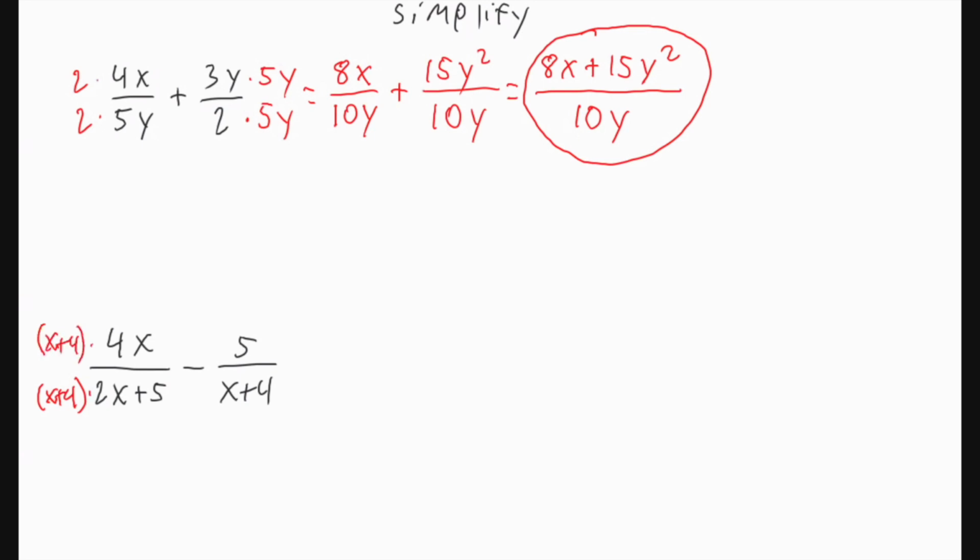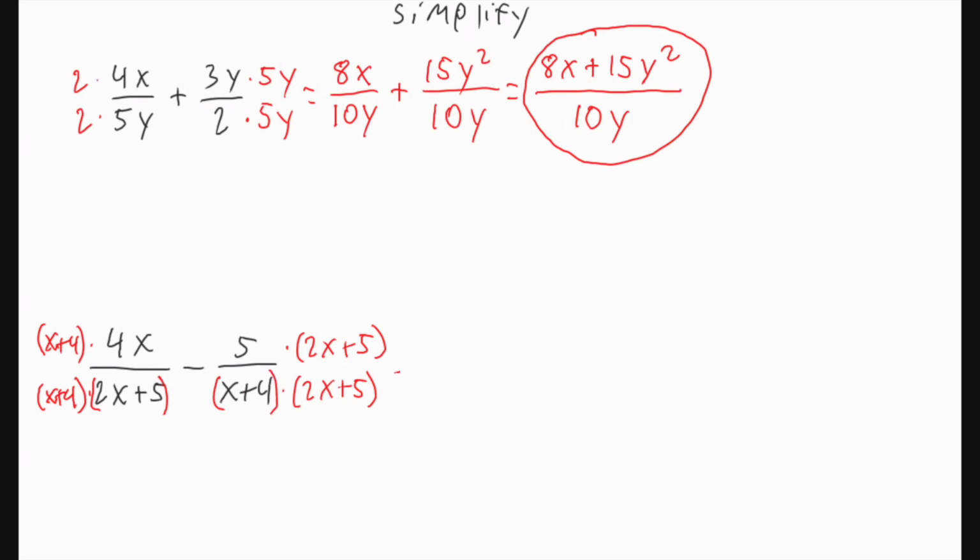And make sure you're multiplying everything, so throw some parentheses around that to show that we're multiplying the whole thing. And the right by 2x plus 5. And again, parentheses to make sure we're multiplying everything.